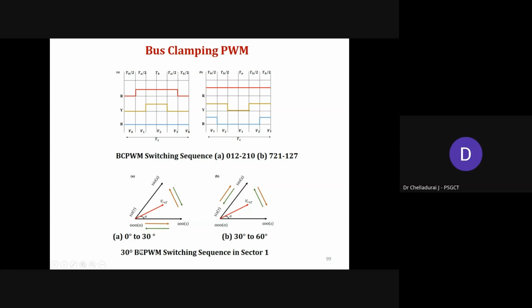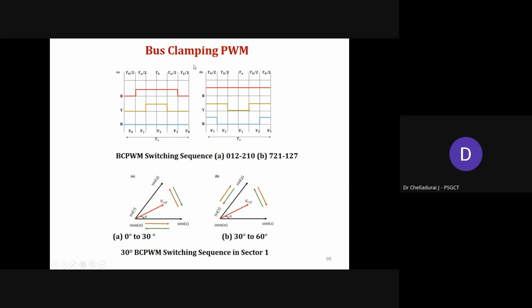In this particular 30-degree bus clamping PWM technique, see here the B phase is off. The remaining two switches are turned on and off. Similarly, for the next 30 to 60 degrees, what is the actual switching pattern? The switching pattern will not change during this period or in a particular sector.